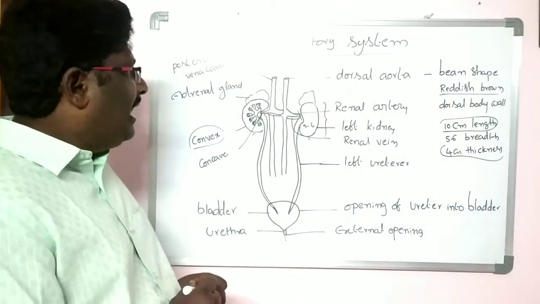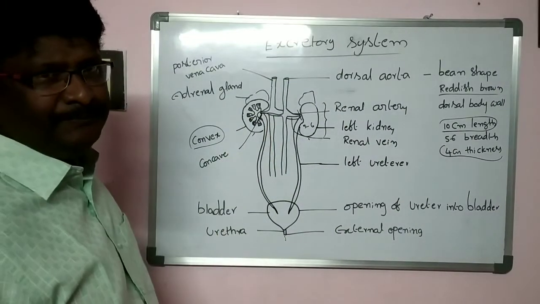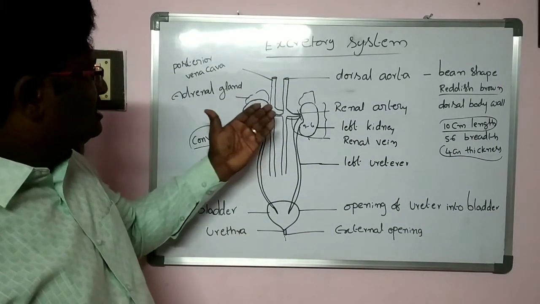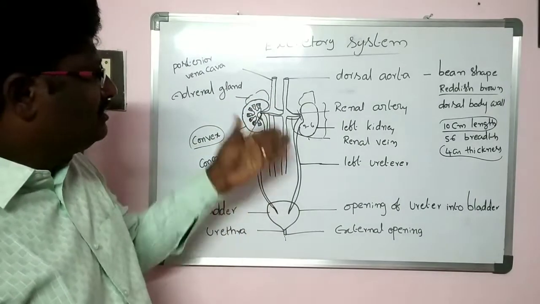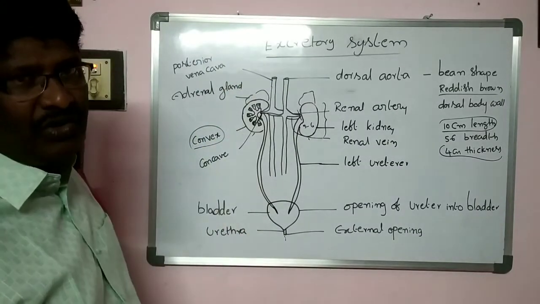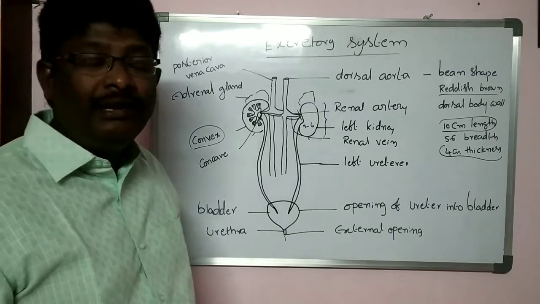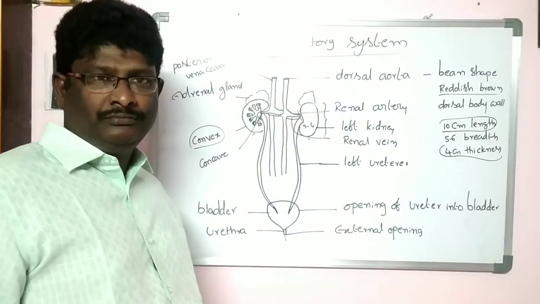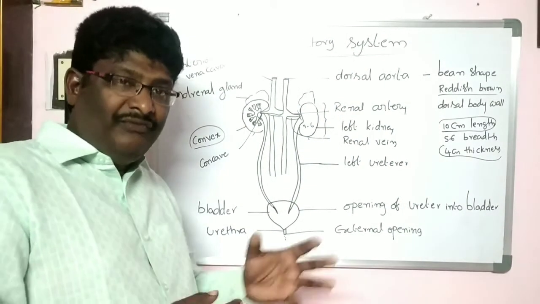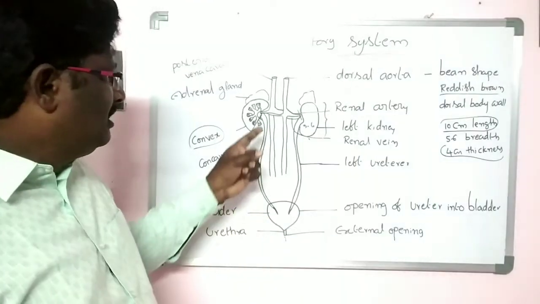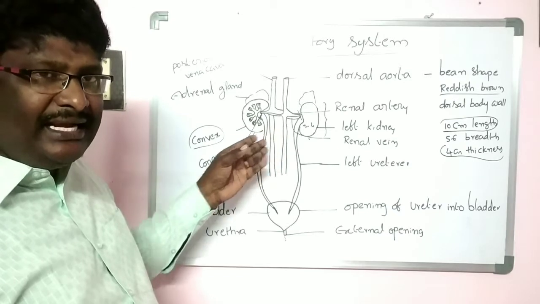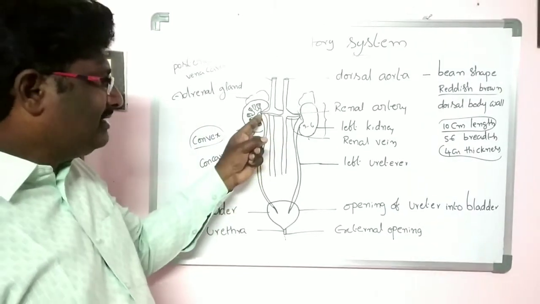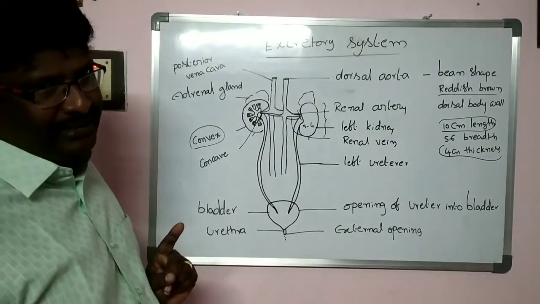If you observe here, there is a vein and also an artery, called the renal vein and renal artery. The arteries enter the kidney.